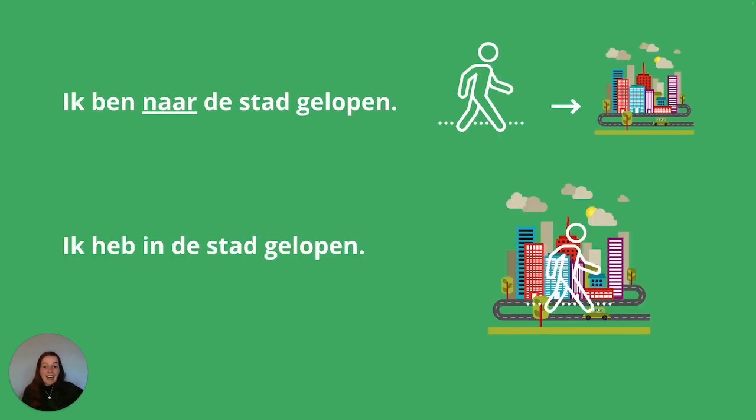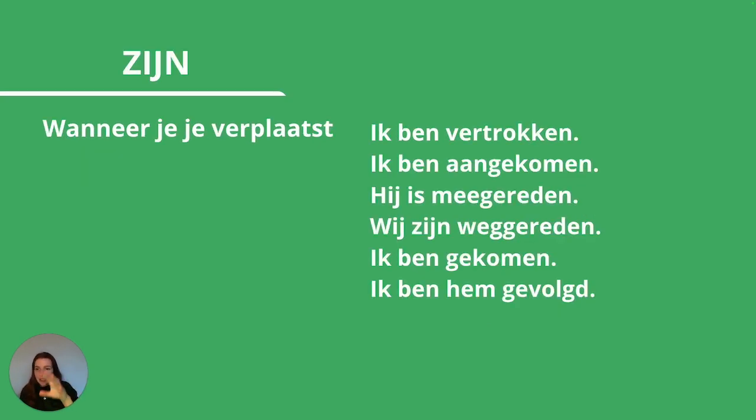Ik ben naar de stad gelopen. Ik heb in de stad gelopen. So you are using zijn when you are moving. Ik ben vertrokken. Ik ben aangekomen. Hij is meegereden. Wij zijn weggereden. Ik ben gekomen. Ik ben hem gevolgd.